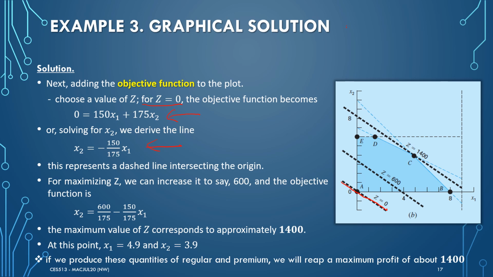Now, since we are interested in maximizing Z, we can increase Z to say 600, and the objective function becomes x2 = 600/175 - 150/175 x1.